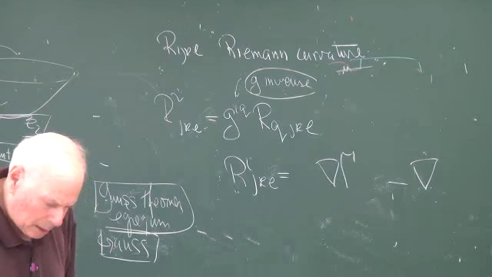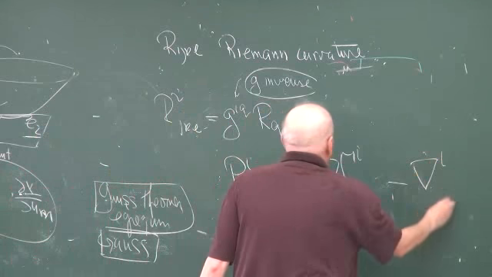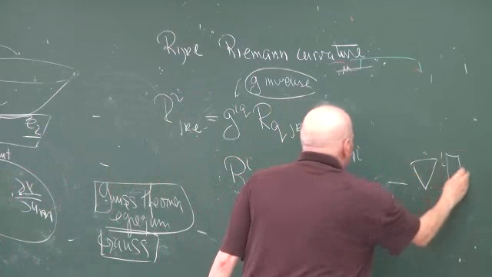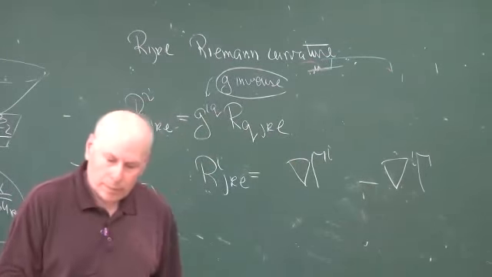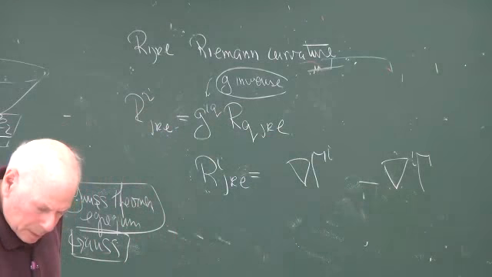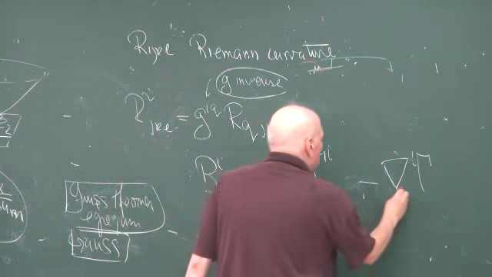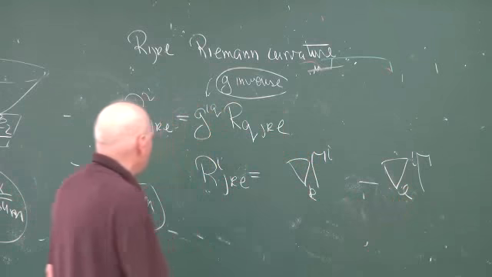ijk, no, it's i upstairs, and gamma, and then K and L. And now what's missing?